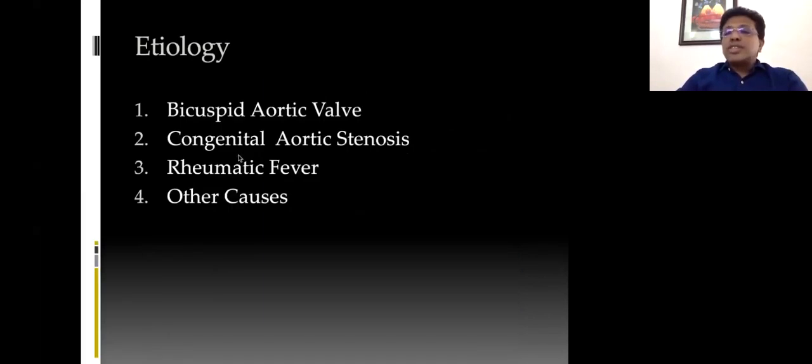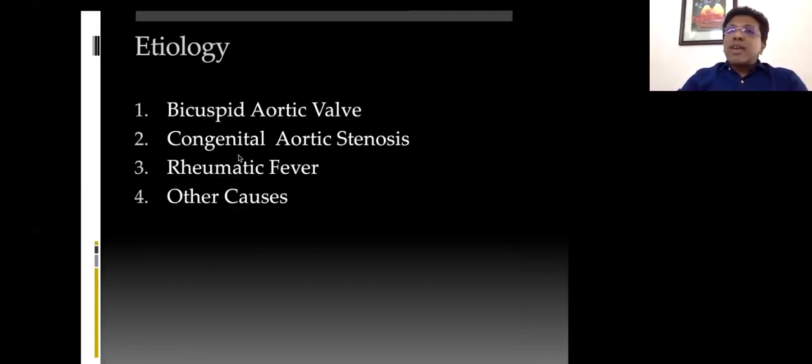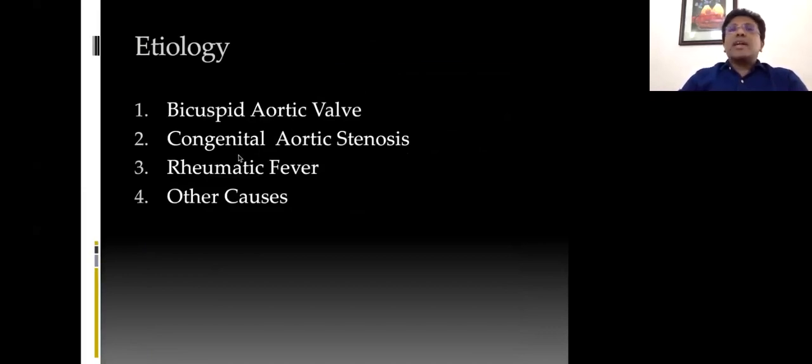So what are the causes of aortic stenosis? Important causes is bicuspid aortic valve. Sometimes aortic valve can have other congenital anomalies like unicuspid valve, and there are other causes of congenital aortic stenosis like subaortic membrane, or supravalvular aortic stenosis, or a tubular thickened ascending aorta, all of which impede flow into the ascending aorta and can produce LVOT obstruction.